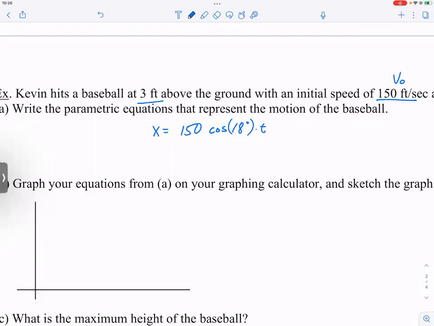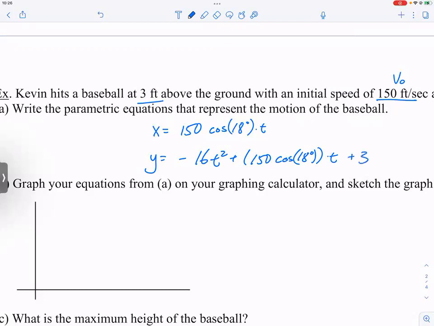That's how you input your equation into the calculator in just a moment. The y equation would be minus 16t squared plus 150 cosine of 18 degrees times time. Don't forget the time.